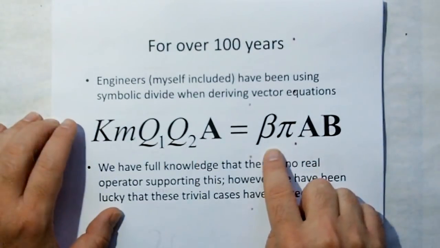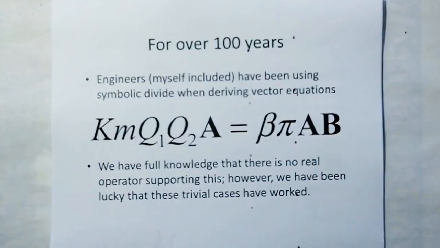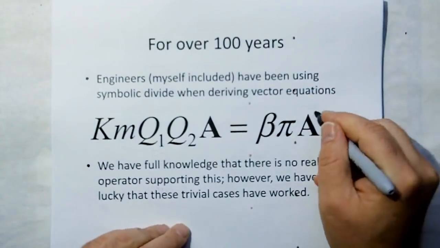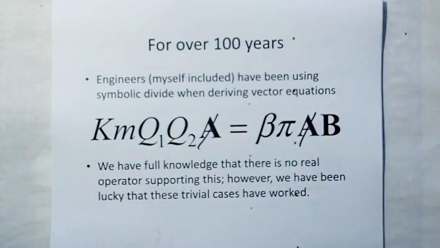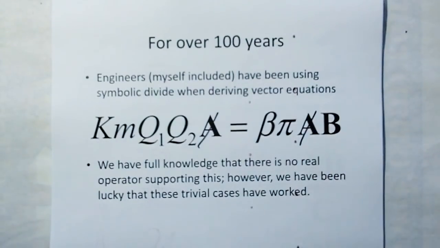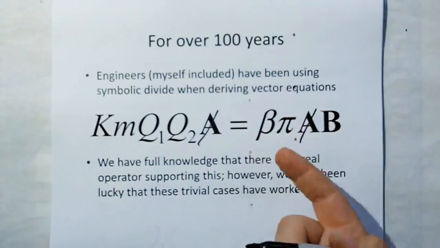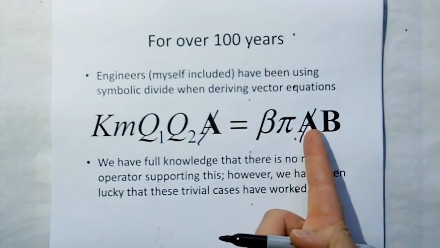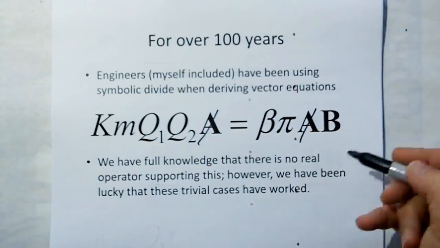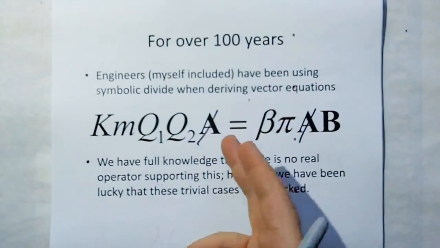In this derivation, we would just say, oh, okay, this can be divided out of both sides. We do symbolic division all the time, as long as it's trivial like that. Because this is a symbolic equation, we have full knowledge that this is the exact same thing as this, and therefore, if we divide both sides by that, it should still be equal.